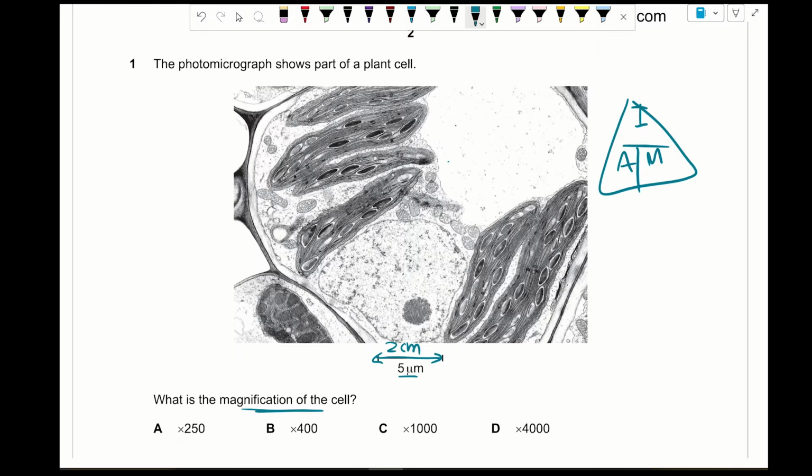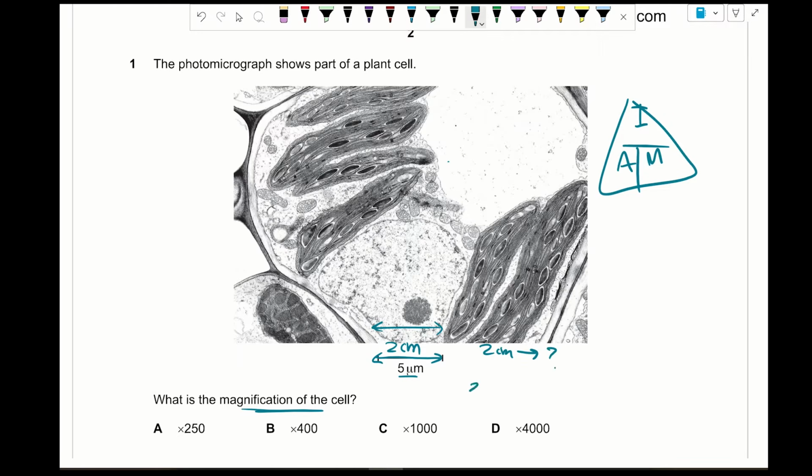And to calculate the magnification of the entire cell, you don't actually need the size of the entire cell, because as you all know, magnification is a ratio. So it's enough just having the ratio of the nucleus. Now, before we use this equation, we have to convert 2 centimeters into micrometers.